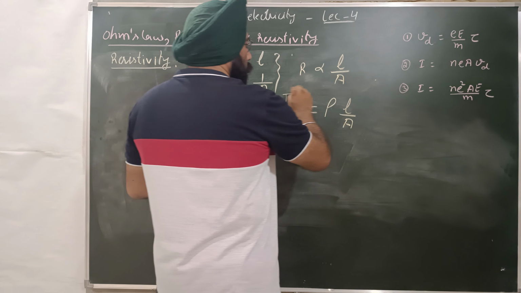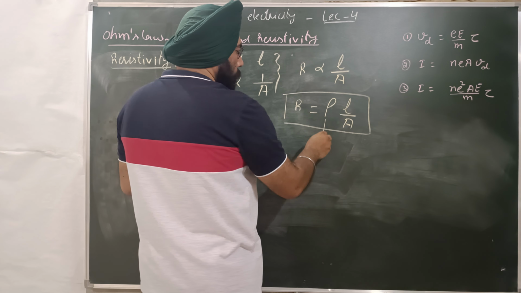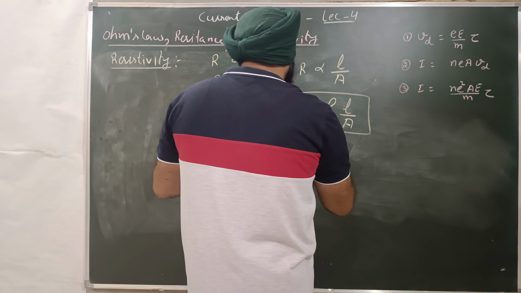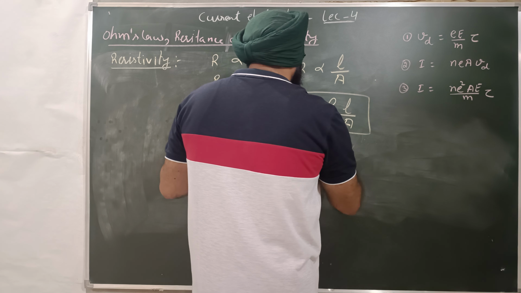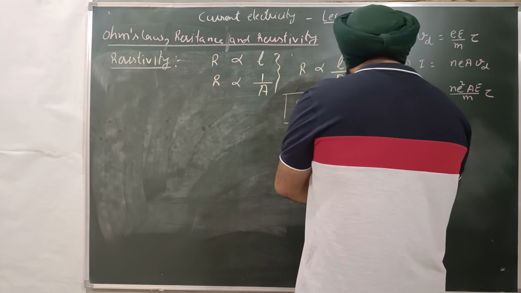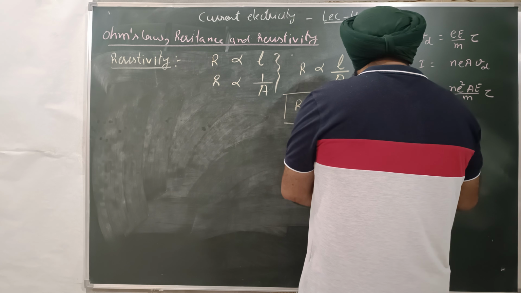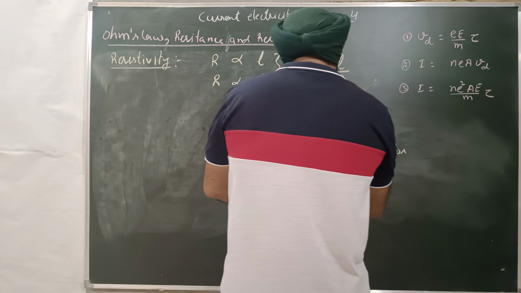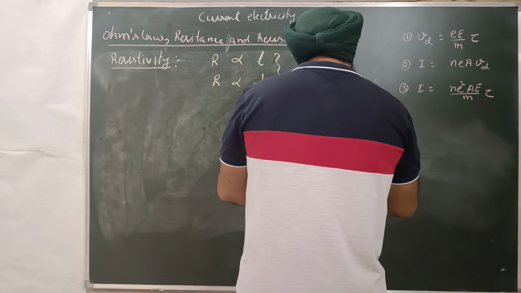So this constant that I have used here is called resistivity. This resistivity of a conductor is also called specific resistance.